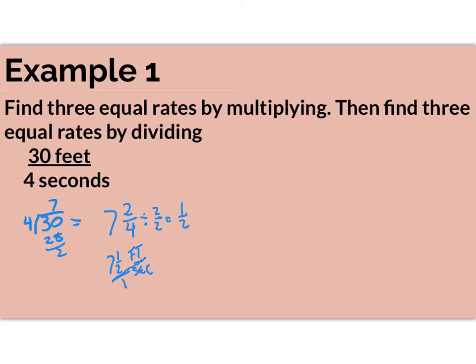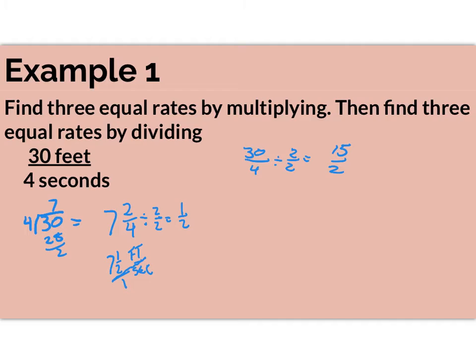Okay, so let's do 30 over 4 and divide by 2 over 2. And we get 15 over 2 feet per second. I'm just not writing in the unit. And so what else could we divide by?